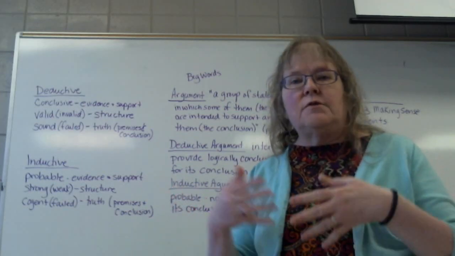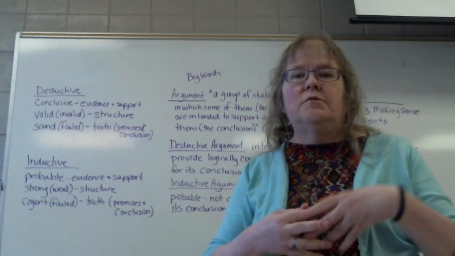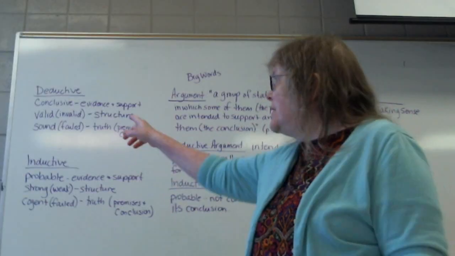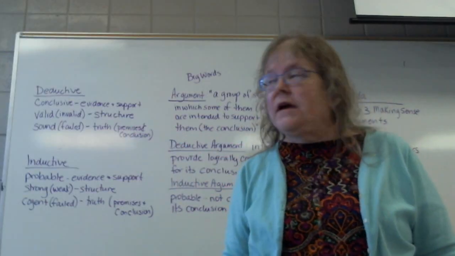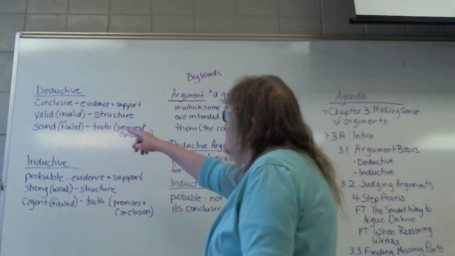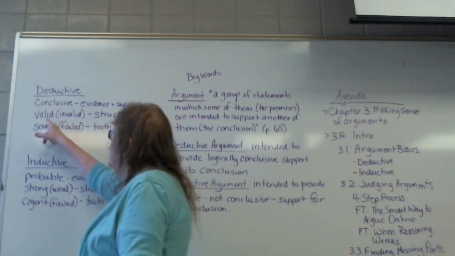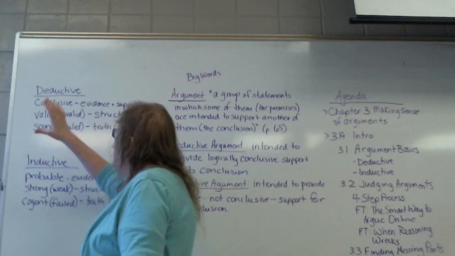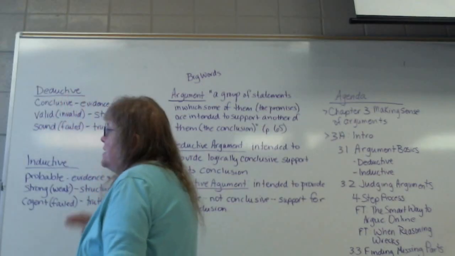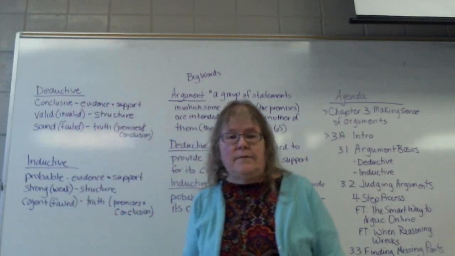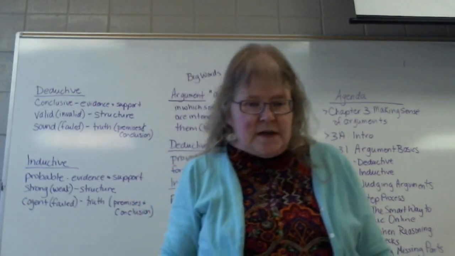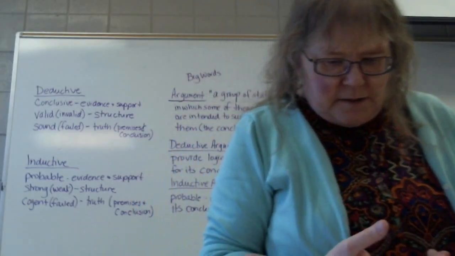Are the premises true? Well, yes. Is the conclusion true? Well, yes. Okay, so then we have a sound argument, okay? And all of these words, conclusive, valid, and sound, work only for deductive arguments, okay? Only for deductive arguments.